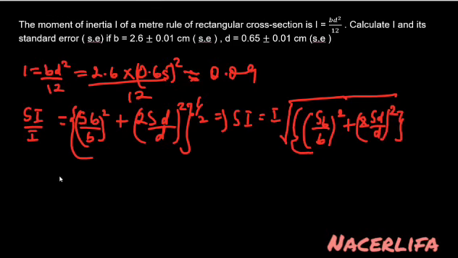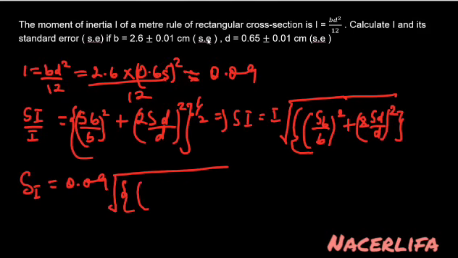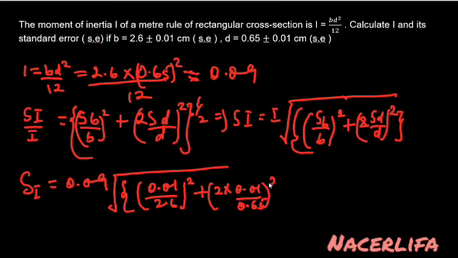Since we have calculated I, the standard error in I equals the value of I, which is 0.09, times the square root of the standard error in B, the limit estimate standard error, which is 0.01, upon the actual value, 2.6, squared, plus 2 times the standard error in D, 0.01 again, upon the actual value of D, 0.65, squared, and we find the square root.